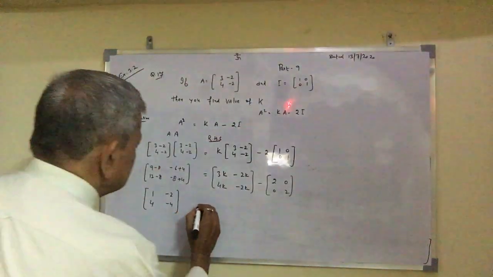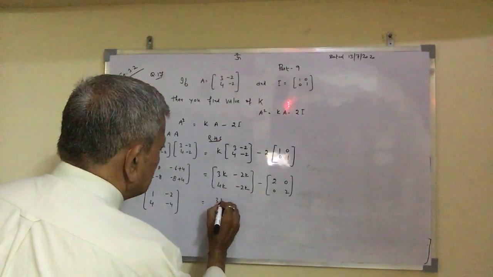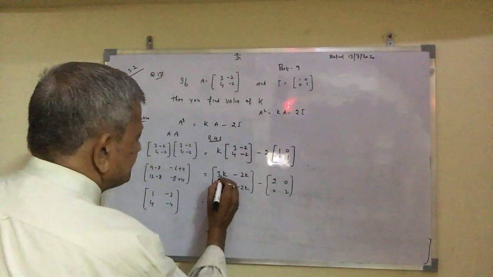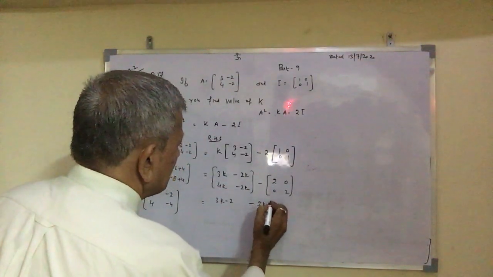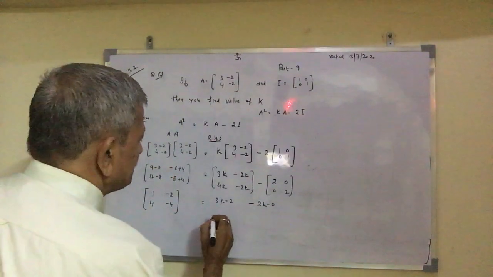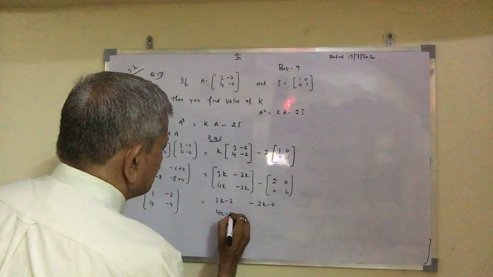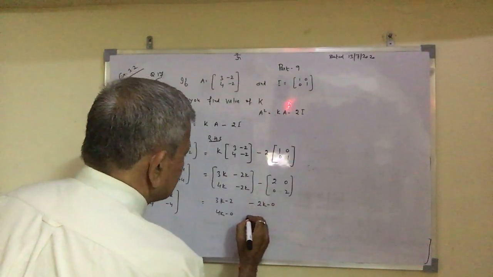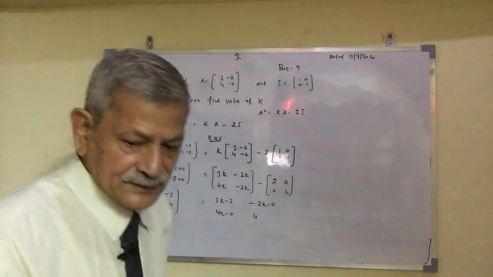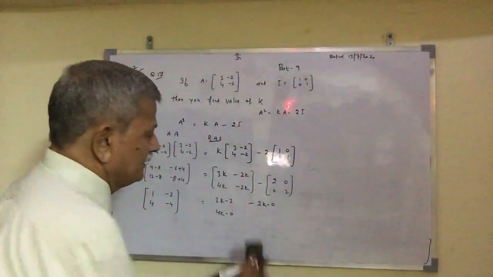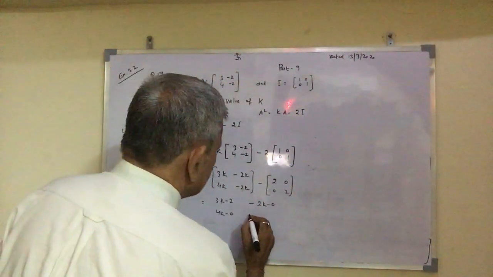Now your equation becomes 3k minus 2, this is 3k minus 2, and this is minus 2k minus 0, then 4k minus 0 and 4k minus 2, no, minus 2k, sorry, the last one is minus 2k minus 2.